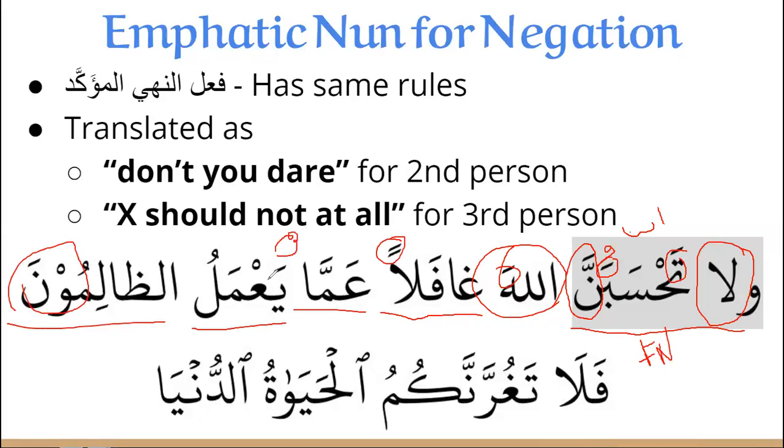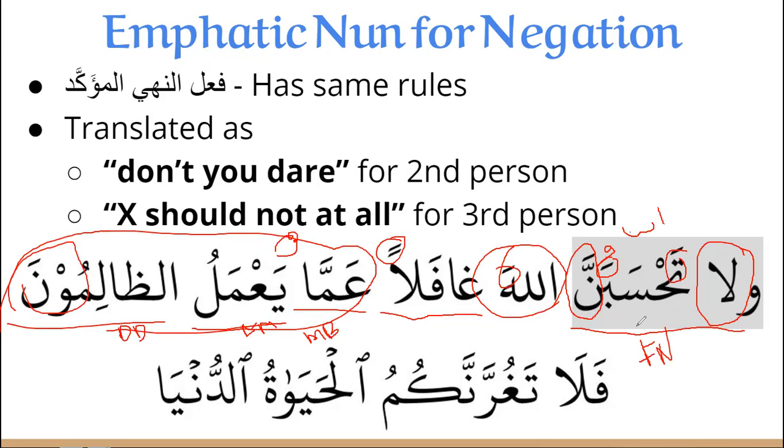It's another fail mudari, and zalimuna is its outside doer. So amma ya'lamu zalimuna is itself another sentence, but it acts as the detail of this sentence. So this whole sentence is a maf'ul, answering the question what. So it's maf'ul bihi, okay.